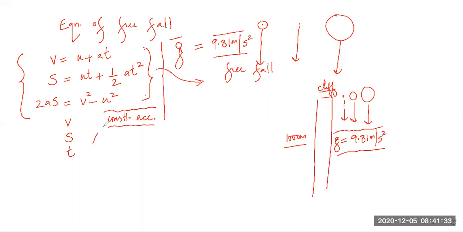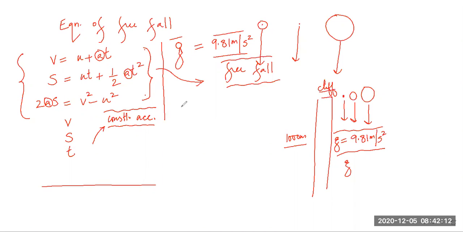These three equations hold on a horizontal surface or even a vertical surface, wherever the acceleration is constant. So these three equations can be written for free fall also. Why? Simply because in free fall also acceleration is constant. That acceleration is acceleration due to gravity, g. So we will write these equations for free fall by replacing a with g.